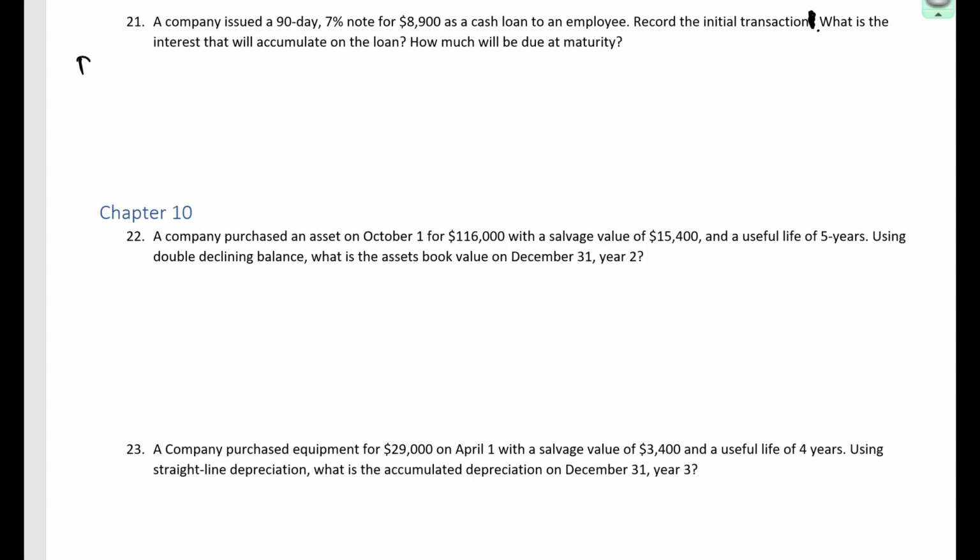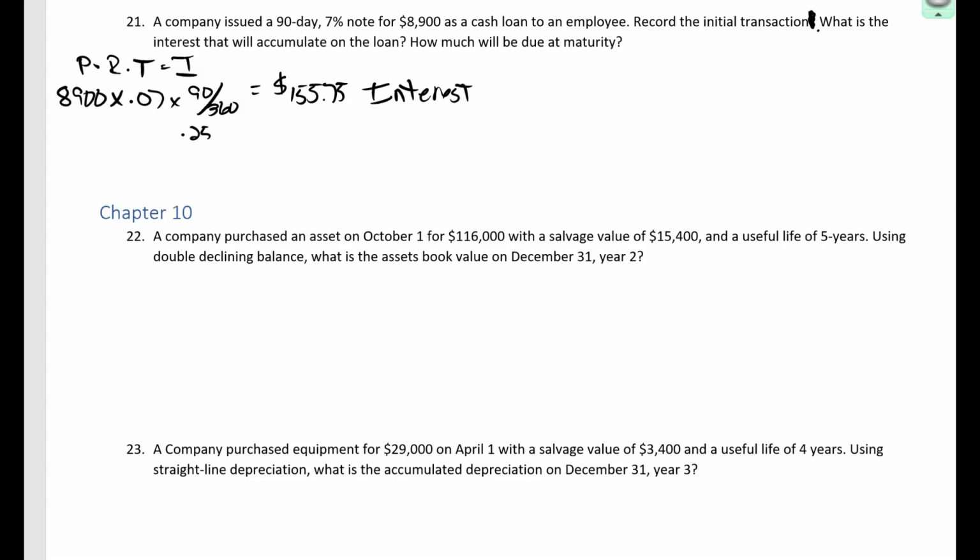This is another one where it's principal times rate times time will give you your interest. Take the principal of $8,900, multiply it by 0.07, and times 90 over 360, remember, is 0.25. You get $155.75. This is the interest that will accumulate.